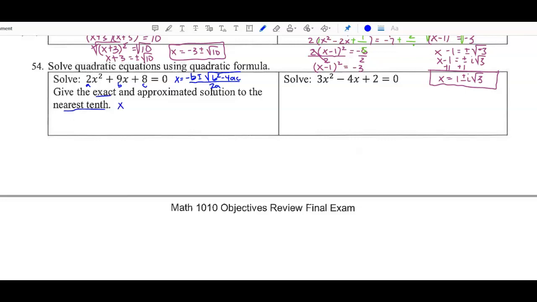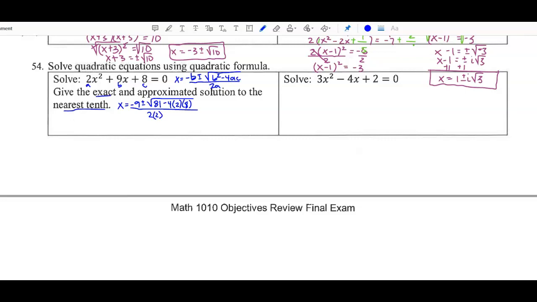If I have x equals negative 9 plus or minus the square root of 9 squared, which is 81, minus 4 times a, which is 2, times c, which is 8, all over, right? And make sure you notice, it's not just over the square root part, it's over everything. You're dividing everything by 2 times 2.